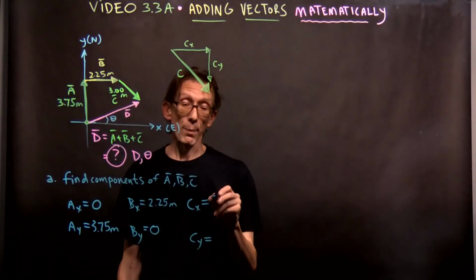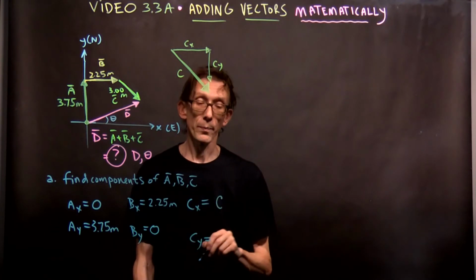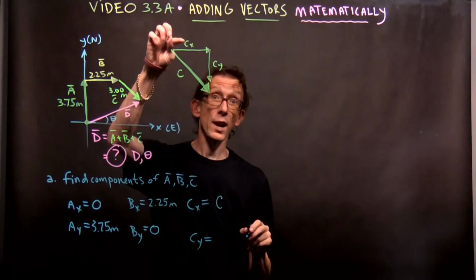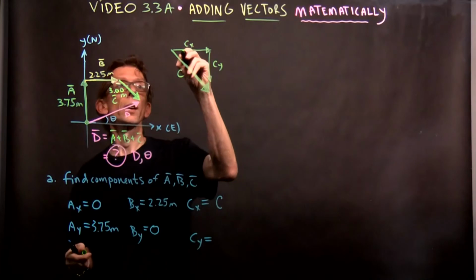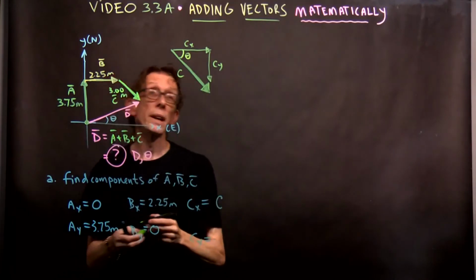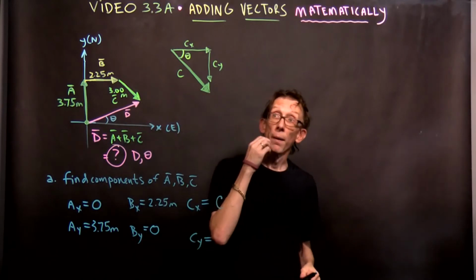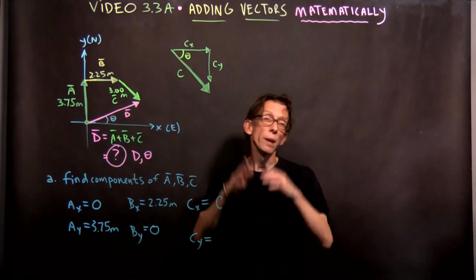Cx is going to be the hypotenuse, which is C, times the, well, notice here, here's our angle. We've got to pick an angle, of course. Here's our angle theta. We can pick any angle we want to, but typically it's convenient to pick the angles that come off the positive x direction. But you can pick any angle you want to.